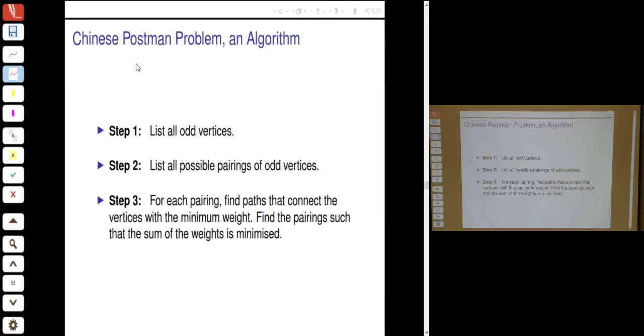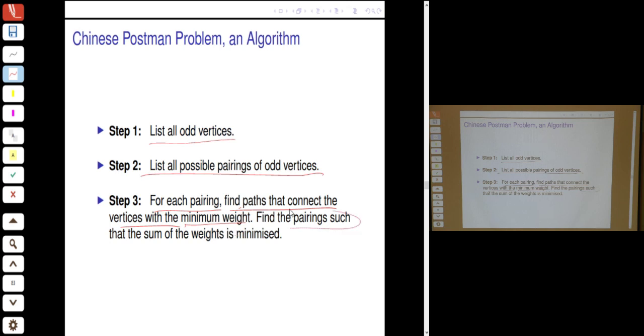So you use the following algorithm. First you list all the odd vertices, then you list all possible pairings of odd vertices, and for each pairing you find paths that connect each pair of odd vertices with minimum weight, and then you sum up these minimum weight paths over all the paired odd vertices.